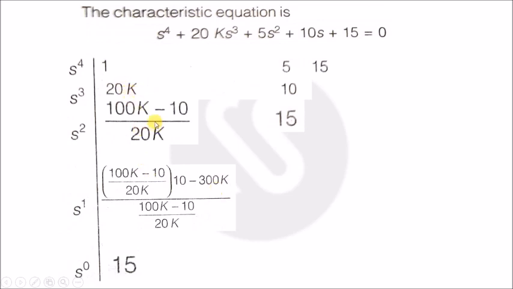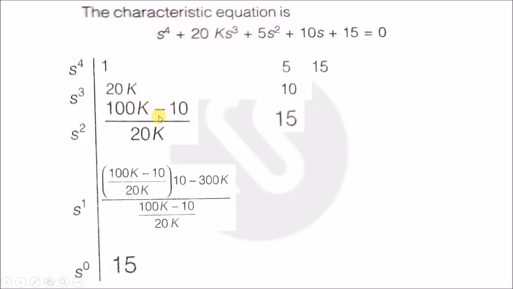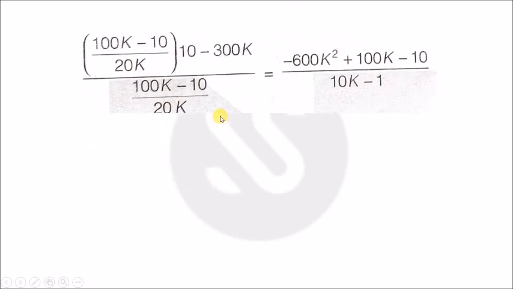Okay, and this should also be greater than 0 to make it positive. If this is greater than 0, we will find the value of k. So this should be positive, this should be positive, and this should be positive.